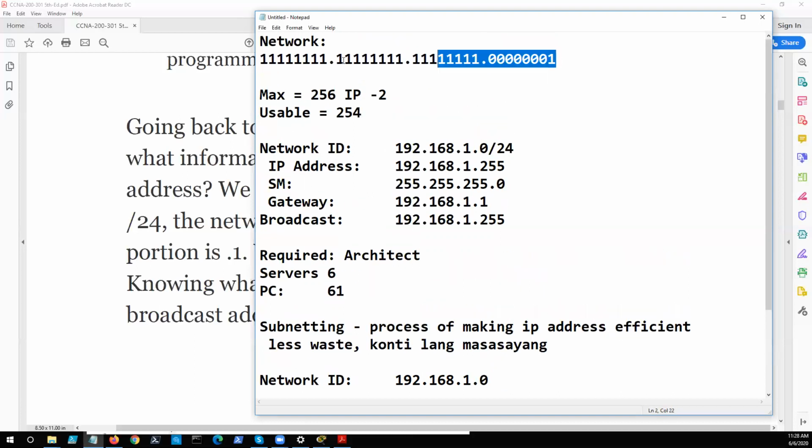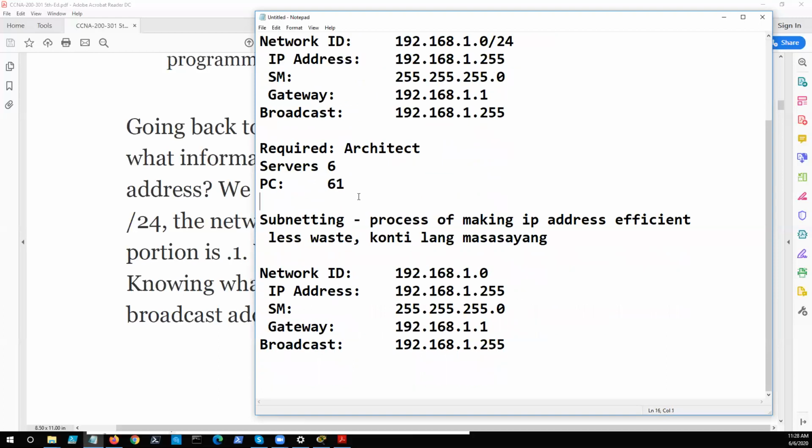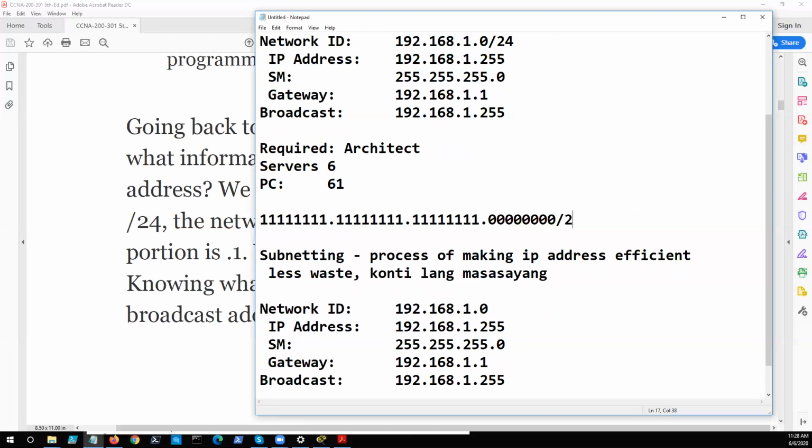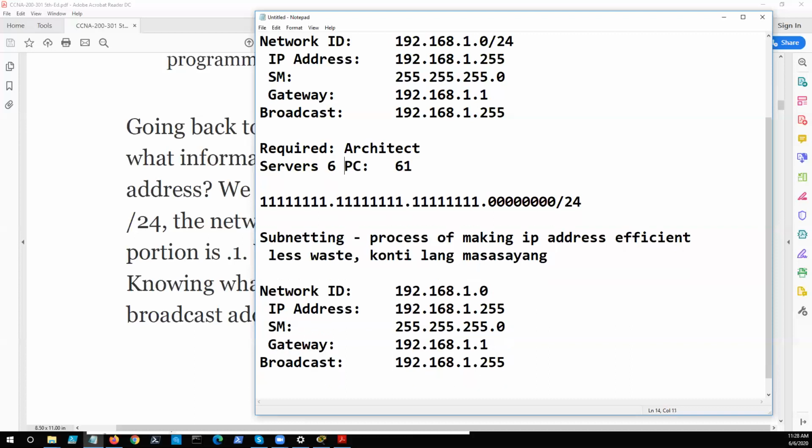So, back to basics. This is our drawing board. Let's apply it. It's a /24, clear. Now, how many do we need? 61 plus 6, equals 67. So this is the number of IP addresses needed. Remember, 67. So what will be the subnet mask? What will be the gateway? Let's remove the gateway for now, we don't need it yet.